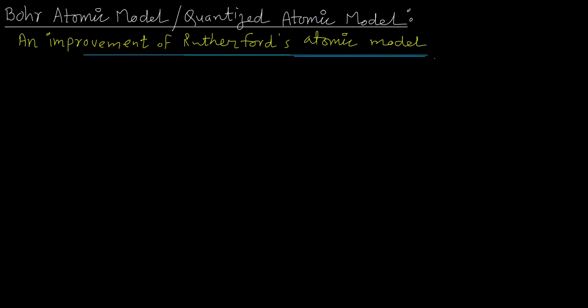Rutherford atomic model had some drawbacks, and atomic stability explanation was one of those drawbacks. I think you know that Rutherford's atomic model could not explain the atomic stability because according to Max Planck's quantum theory, when a charged particle is in accelerated motion, it radiates energy. So when electrons are revolving in circular orbit around the nucleus, they should radiate energy because electrons have charge, and in circular motion every particle has centripetal acceleration.